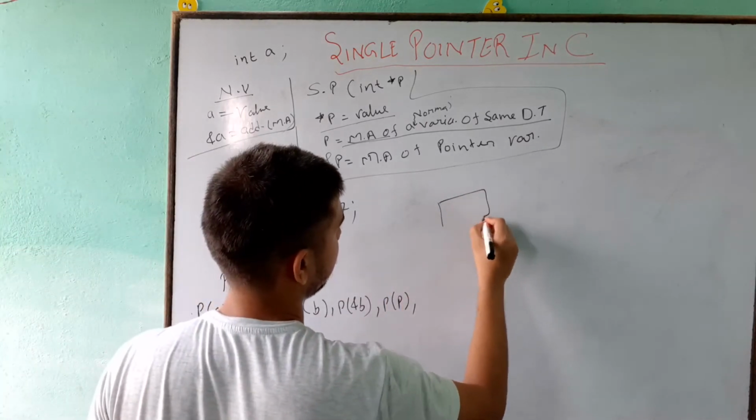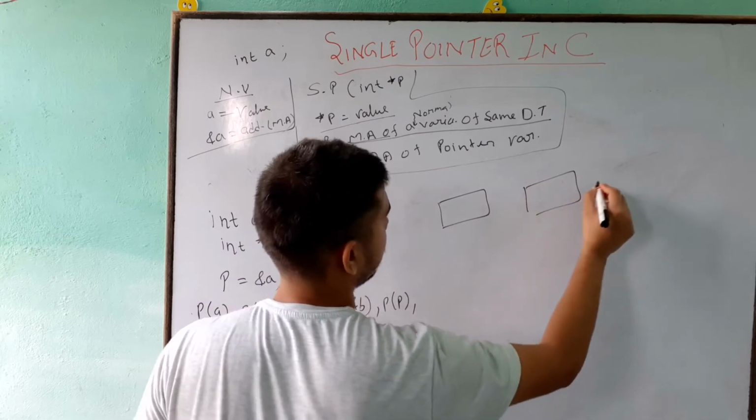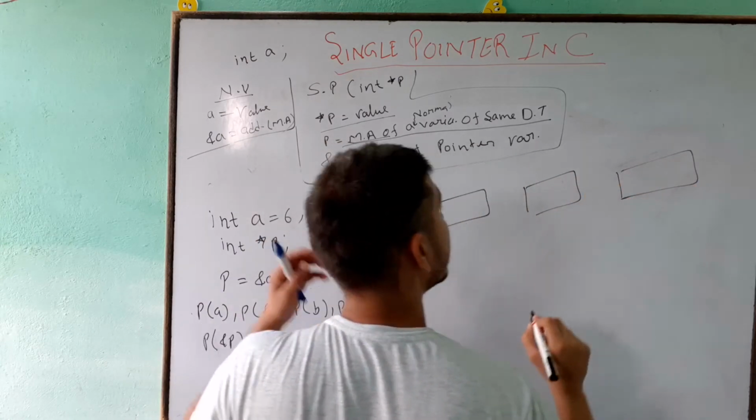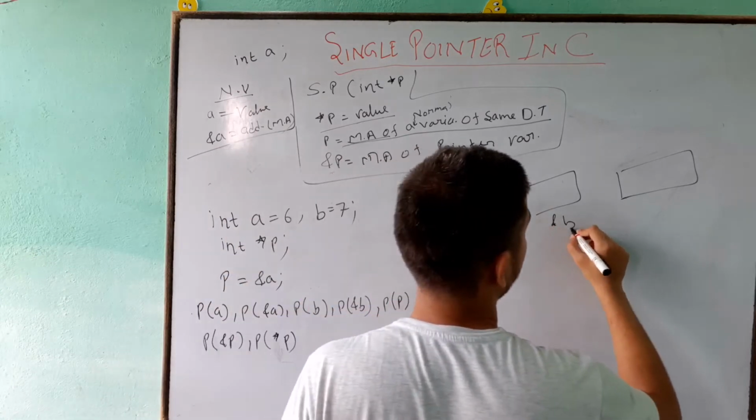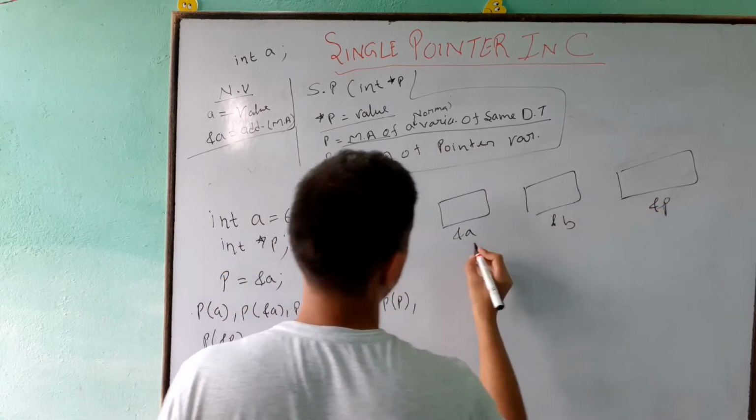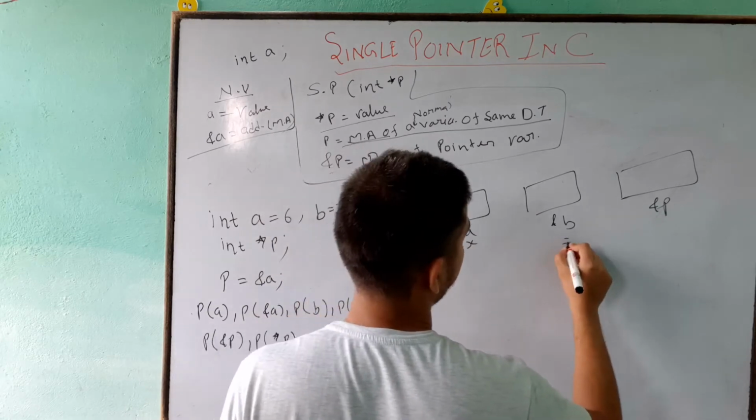So what happens? a gets a memory location, b gets a memory location, and the pointer gets a memory location. These are &a, &b, and &p, and let's say they are x, y, and z. We are assuming it could be anything.